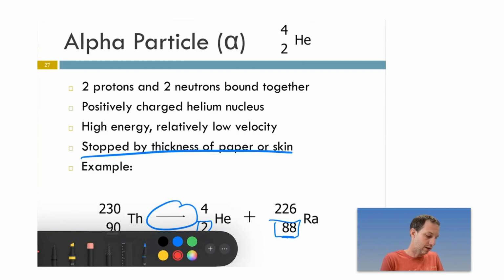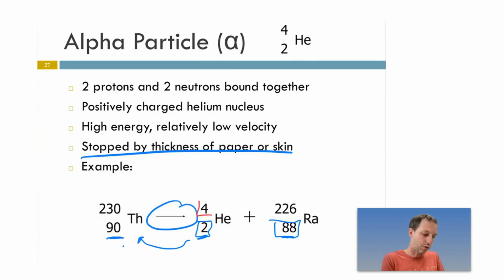Does 4 plus 226 equal 230? Yes, it does. That's good. So on both sides of the arrow, the protons, or the atomic number, on one side have to add up to be the same as on the other side, which is what we see here.